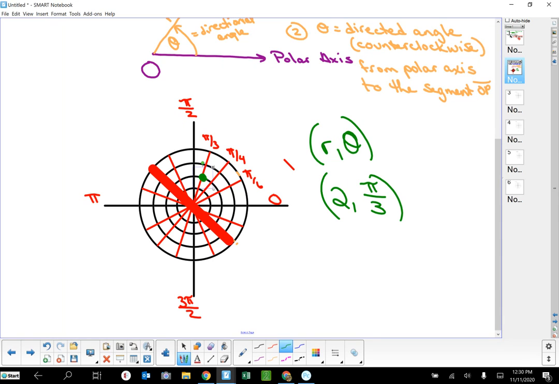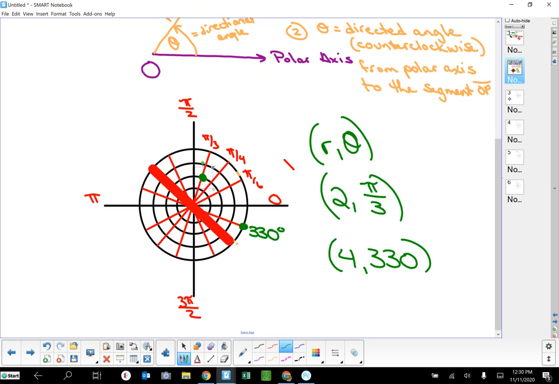All right. If you had one, let's switch to degrees because that's easier for all of us. This would be 330 degrees. So if you had 4 comma 330, you'd find 330. You'd go out to the 1, 2, 3, 4th ring, and that would be that point. All right, so let's plot these points over here.